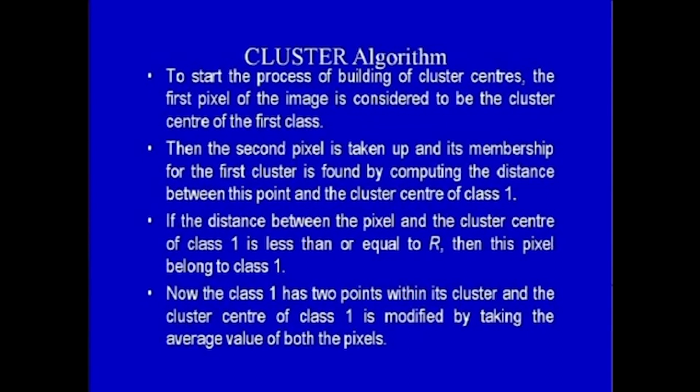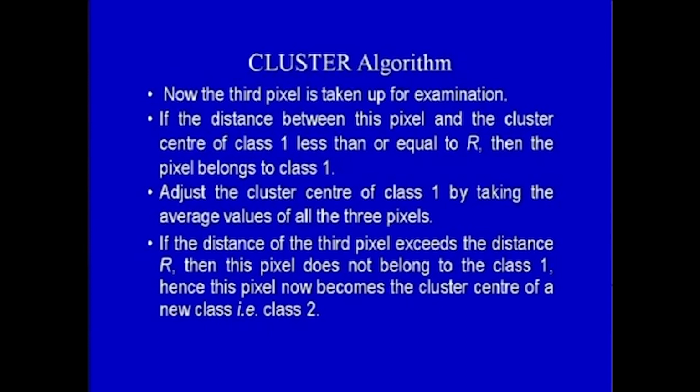Now, class 1 has 2 points within its cluster, and the cluster center of class 1 is modified by taking the average value of both the pixels. Now, the third pixel is taken up for examination. If the distance between this pixel and the cluster center of class 1 is less than or equal to R, then the pixel belongs to class 1.